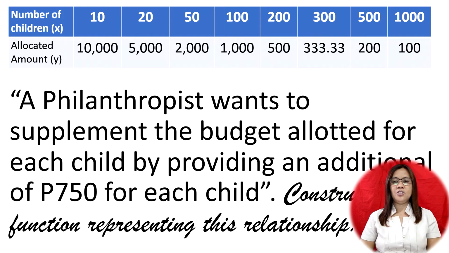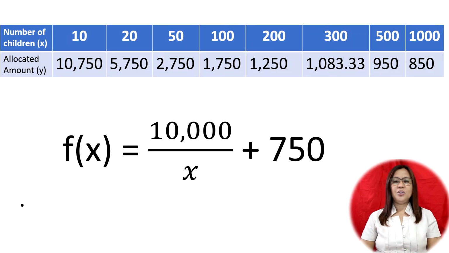For 500 children, the amount will be 950 pesos. And for 1,000 children, the allotted amount for each child will be 850 pesos. How did you get it? Excellent. You add 750 pesos to y equals 100,000 over x. Or, that is, f of x is equal to 100,000 over x plus 750.